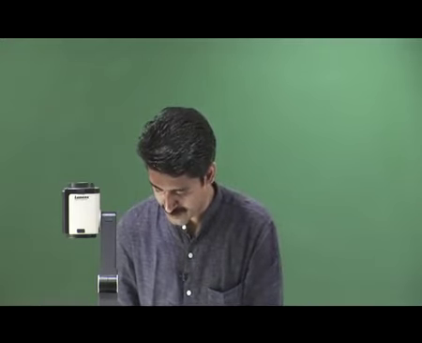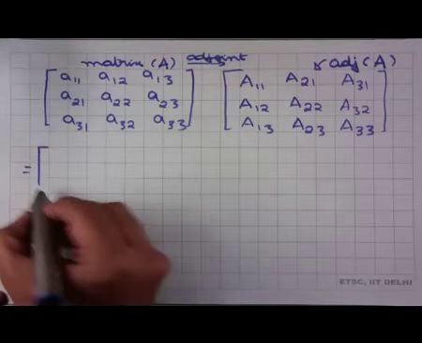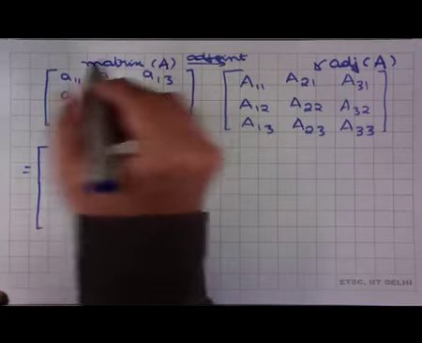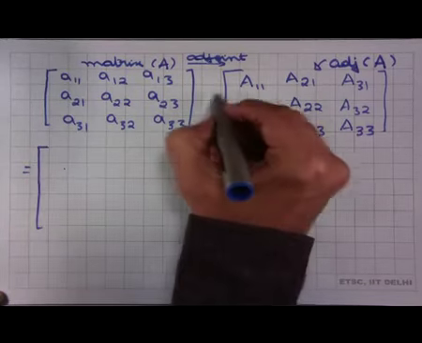Now, to understand the idea behind coming up with this adjoint, let us just calculate some terms of their matrix product. All right. And this will be using these properties of what happens when you sum the product of a row with the cofactors of a different row, right. So, let us take a look at this. What would be the first term in this matrix product?